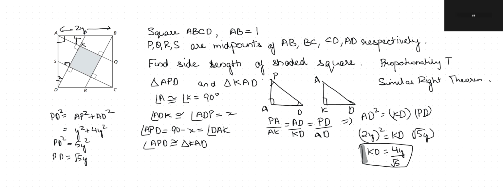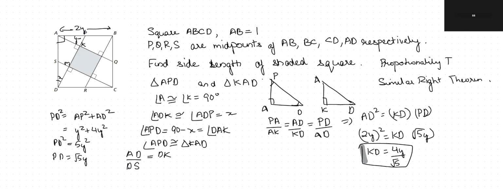So we can use the proportionality theorem where the ratio of AD over DS will be same as the ratio of DK over DM, because these are two parallel lines. This is 90 degrees, this is 90 degrees.